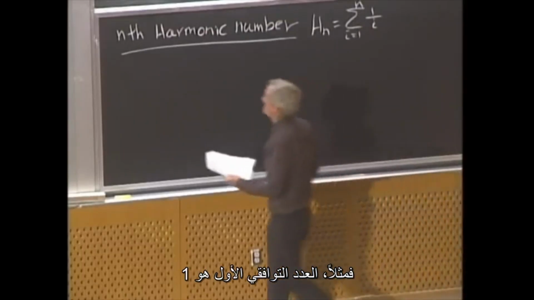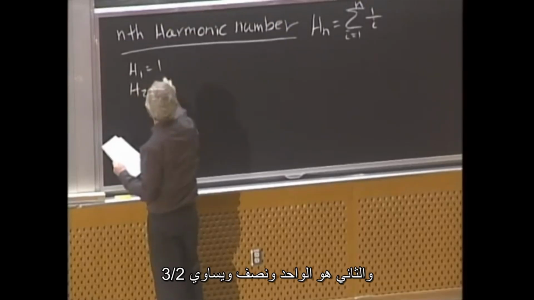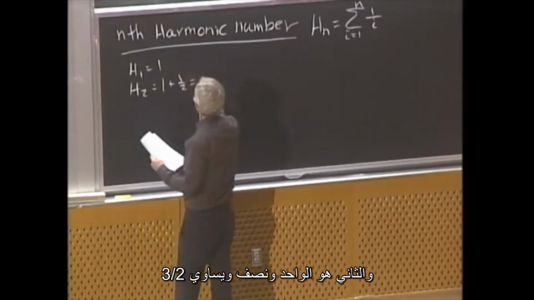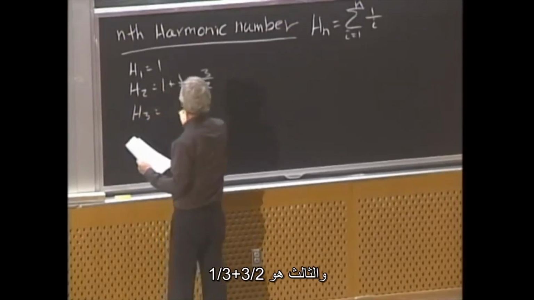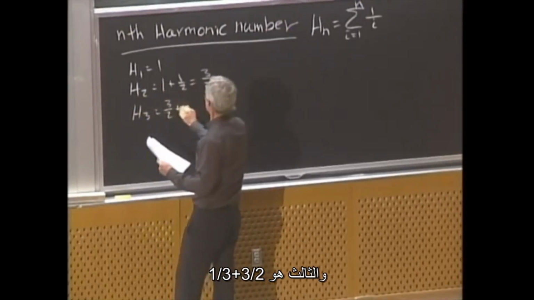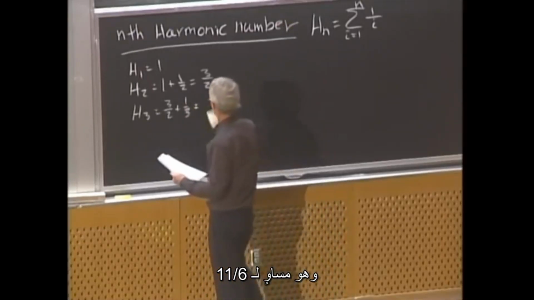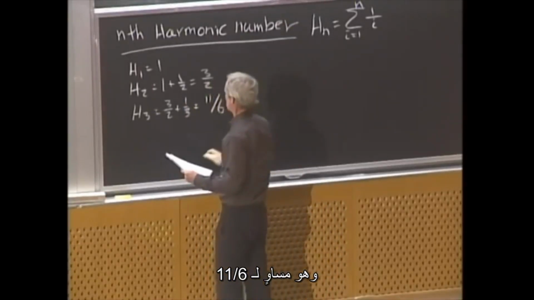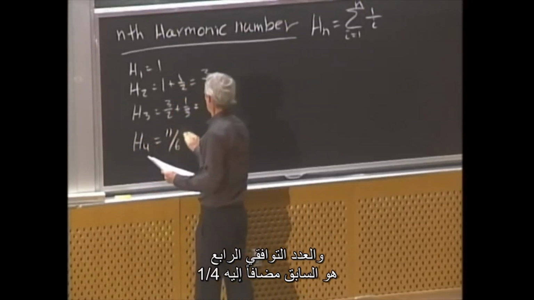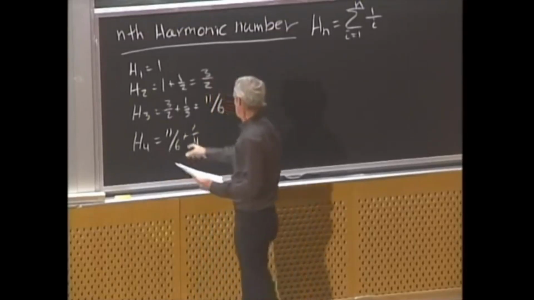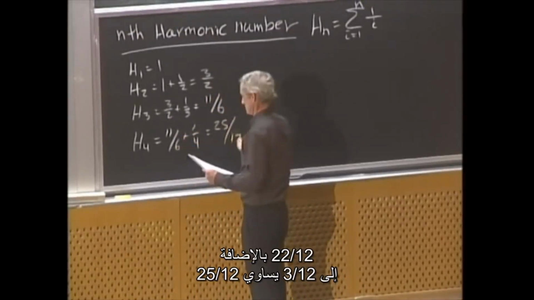All right, so for example, the first harmonic number is 1. The second is 1 plus a half equals 3 halves. The third is 3 halves plus a third, which is 11/6. The fourth harmonic number is that plus a quarter. 22 plus 3 over 12 is 25/12.